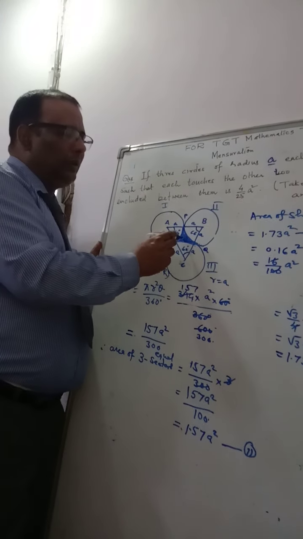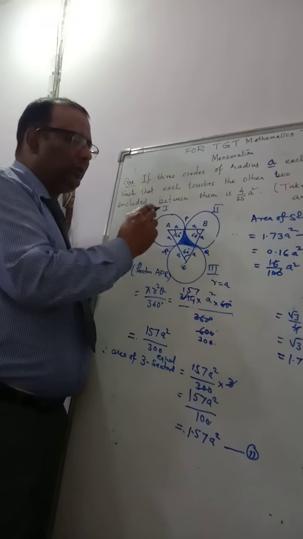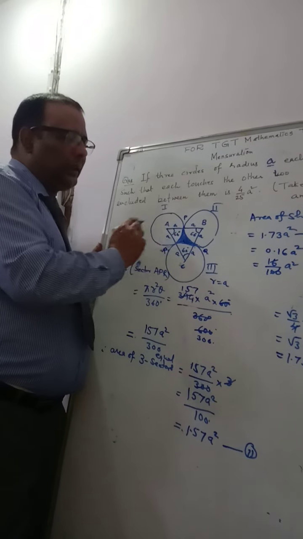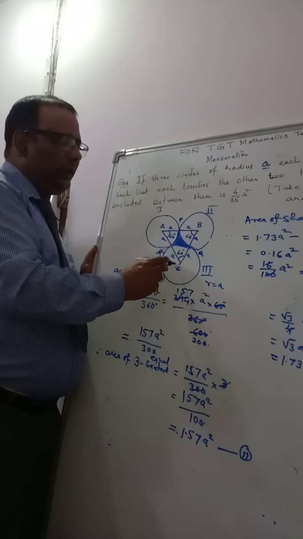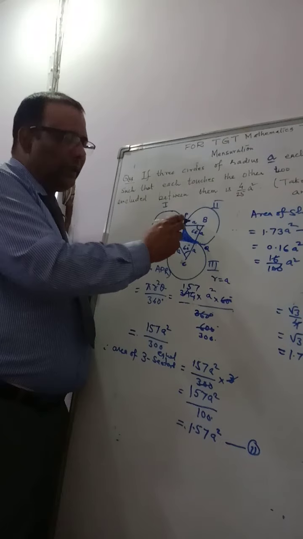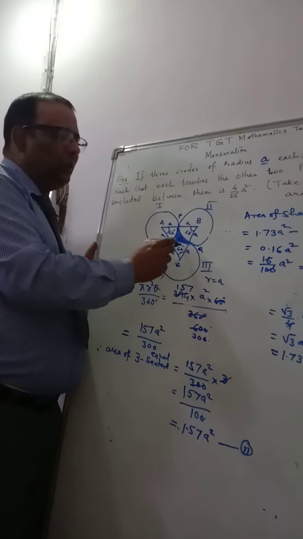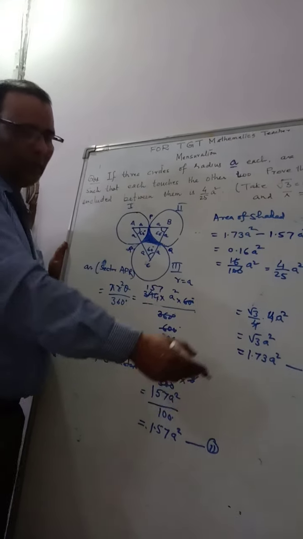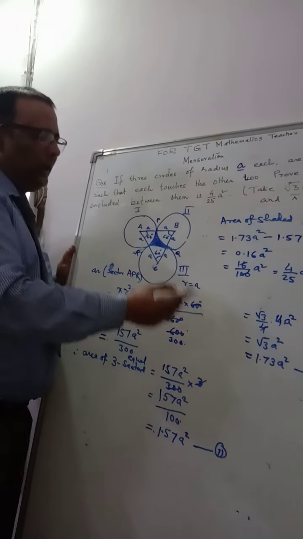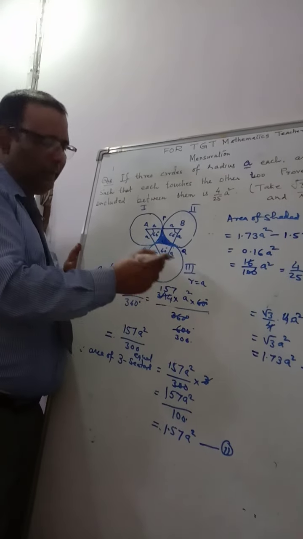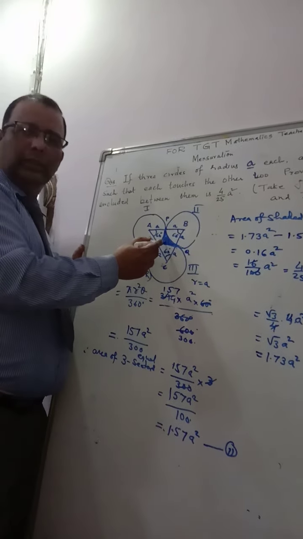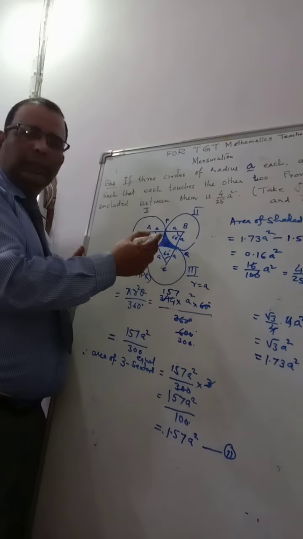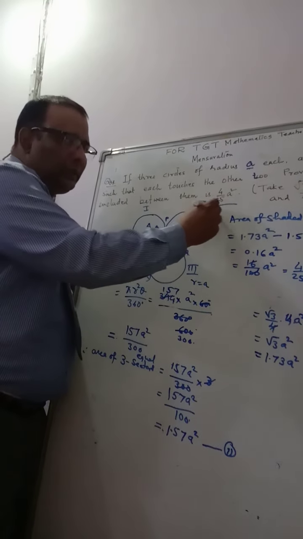So we have to find out the area of the shaded region. We find the area of the equilateral triangle and then the area of three sectors, which I have calculated in these two equations, and then subtract. So we will get the area of the shaded region. This concludes our proof.